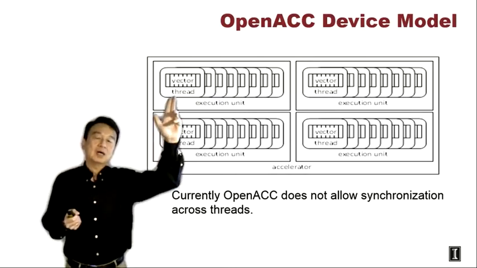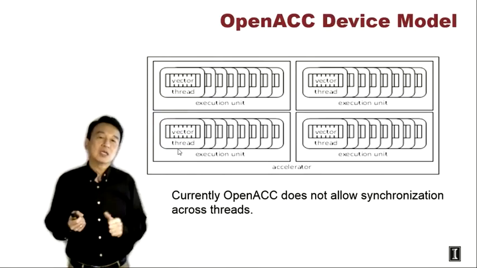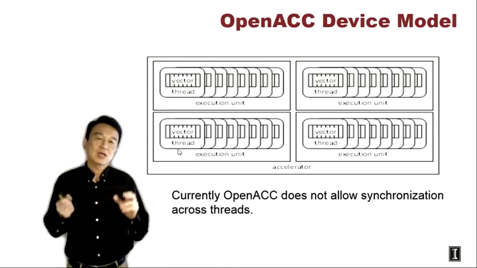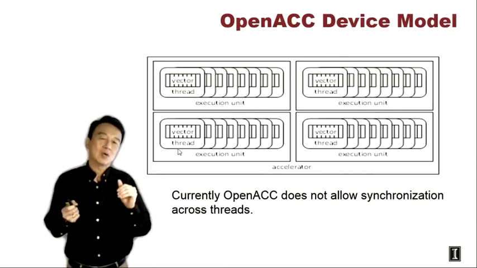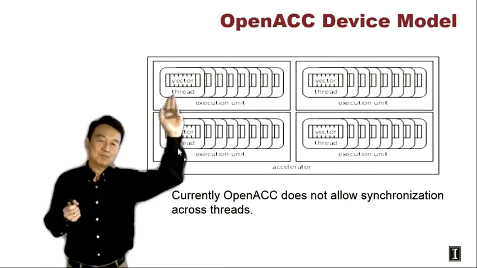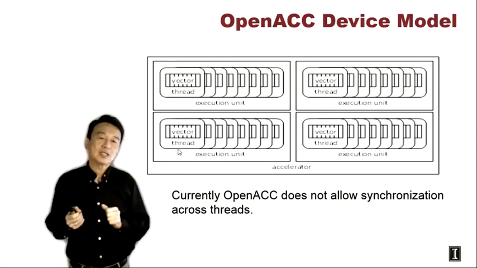What is a little bit different from CUDA is that every thread can also have vectors. In many ways, these vectors are somewhat similar to the warps in CUDA, but they usually correspond to the SIMD instructions in CPUs.